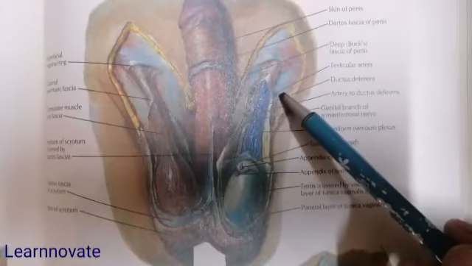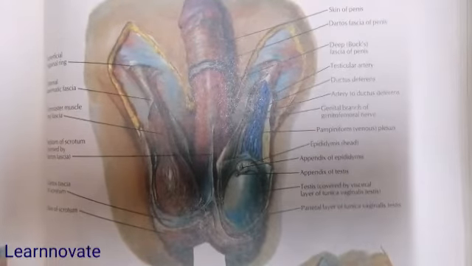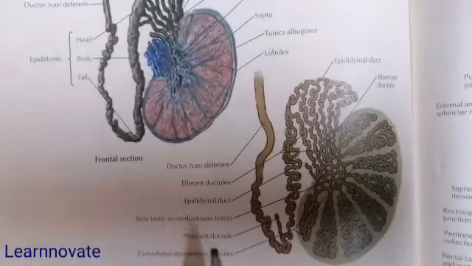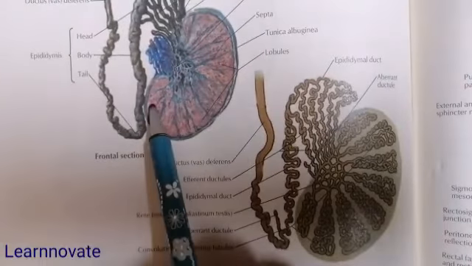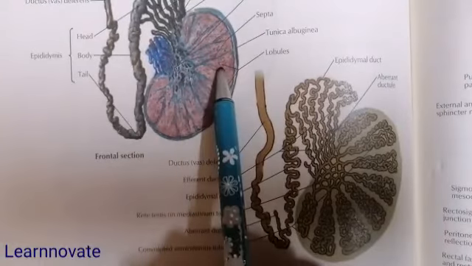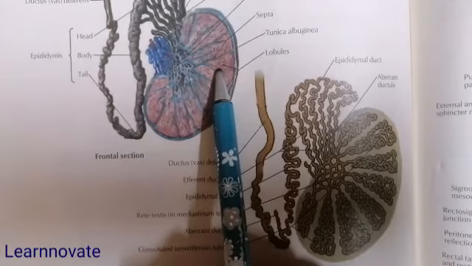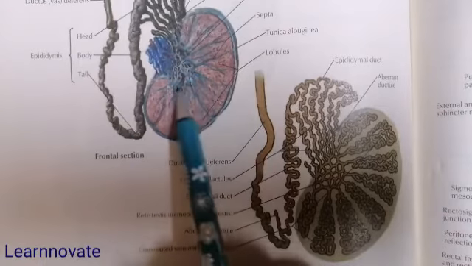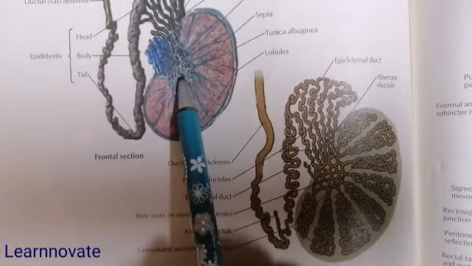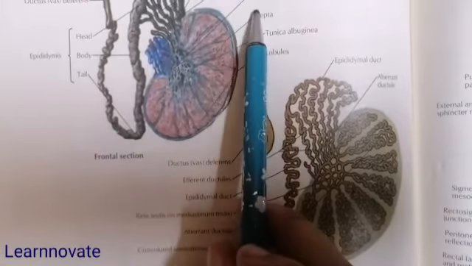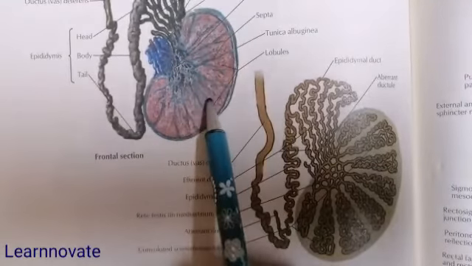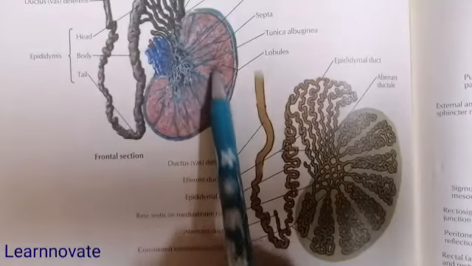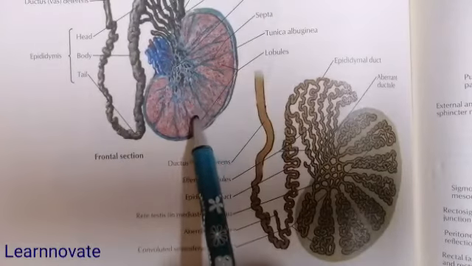If we cut a section of the testis, what can we see inside? After removing all the layers of the testis, the tunica albuginea remains on the testis, and the internal anatomy can be seen here. On the posterior side, the testis has a meshwork of trabeculae called the mediastinum testis. The mediastinum testis radiates septa into the testis, dividing its substance into lobes and lobules.